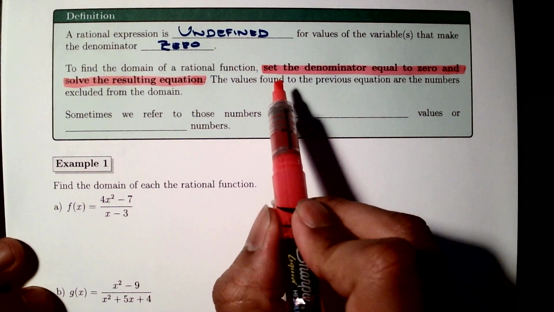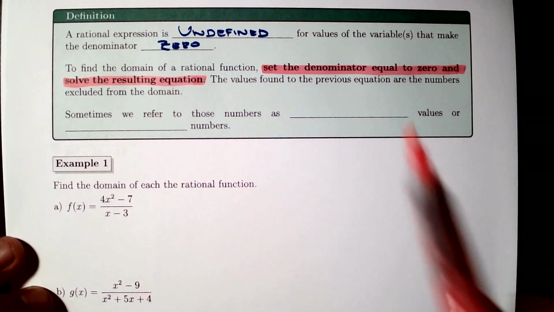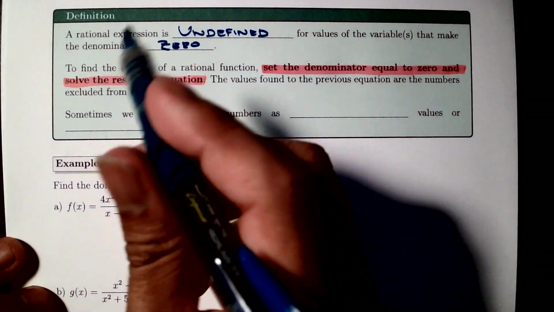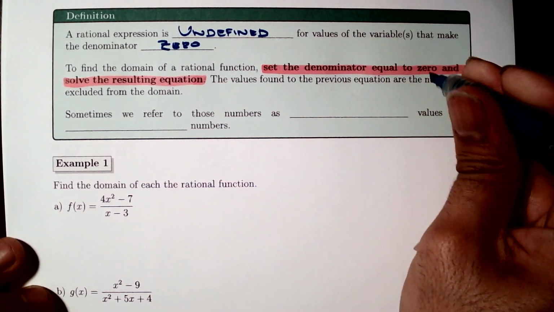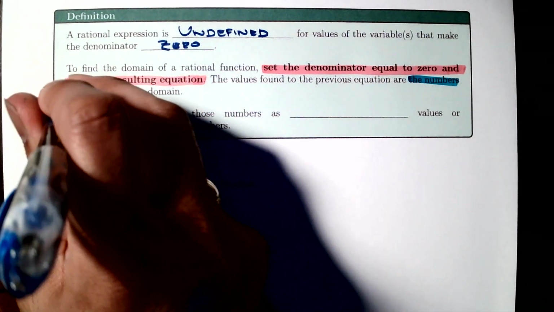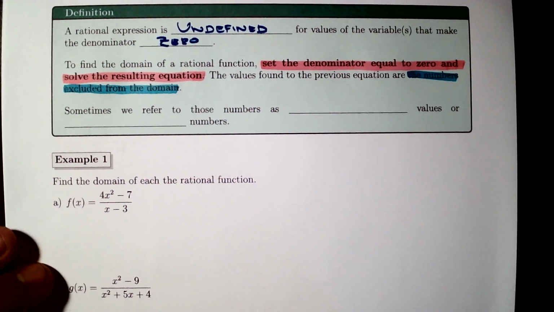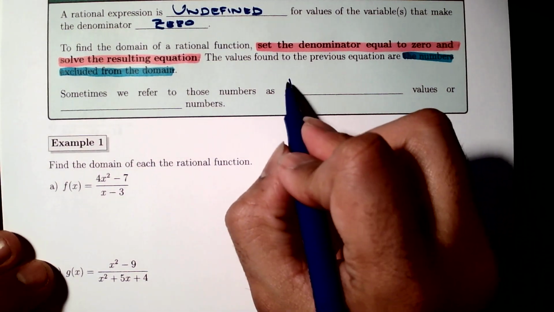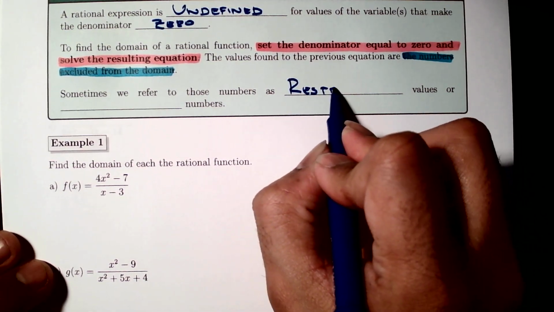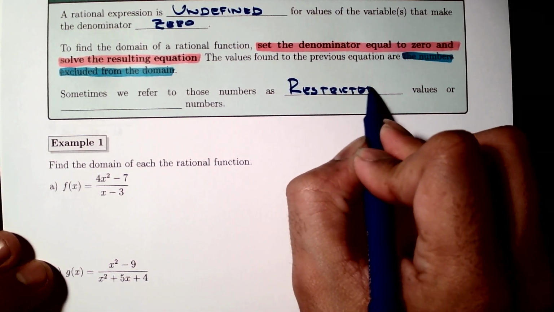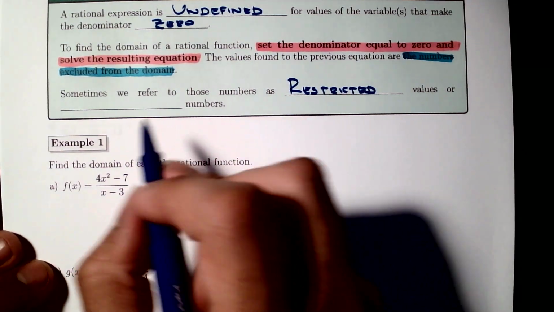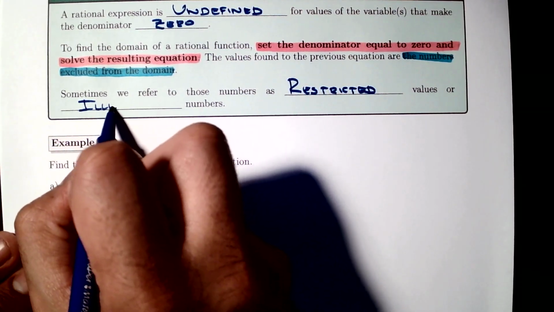The values found in the previous equation are the numbers that get excluded from the domain. Sometimes we refer to those numbers as the restricted values or illegal numbers.